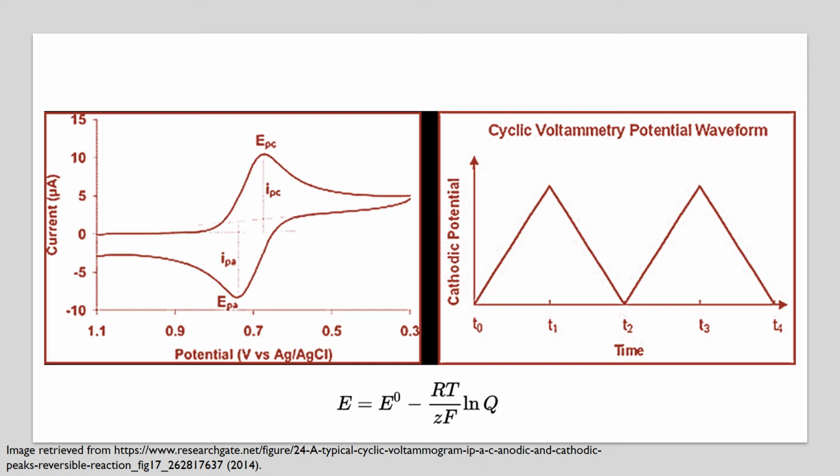The average of those two values is referred to as E1/2, which is approximately equal to the formal potential. And the formal potential represents the reduction potential under experimental conditions in the Nernst equation. The Nernst equation is used to relate the standard potential to the reduction potential, temperature, and concentrations of a chemical species.